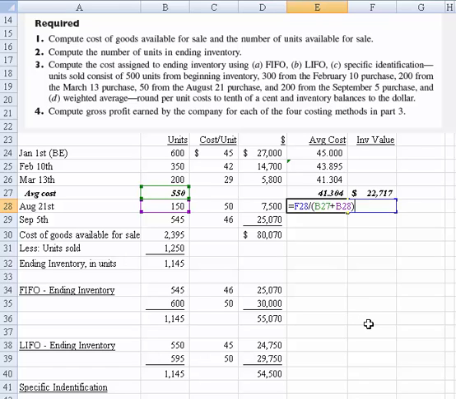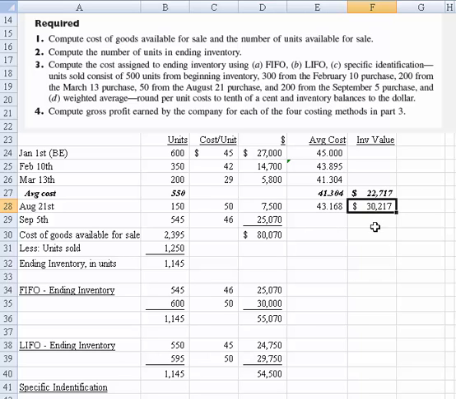Okay, now let's continue with our averaging. On August 21st, we now need to take, look how I've done this. First we have the total inventory value, the 22,717 plus the dollars we just added. And I just chose to do it this way rather than doing it in a more difficult calculation because we've had a sale now.